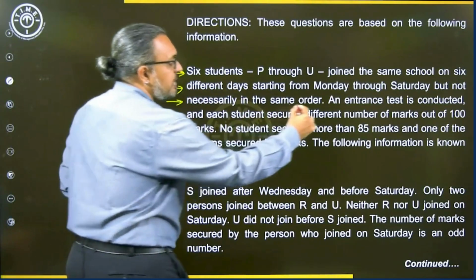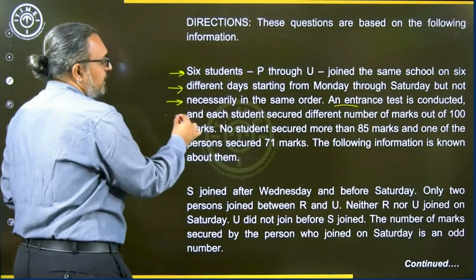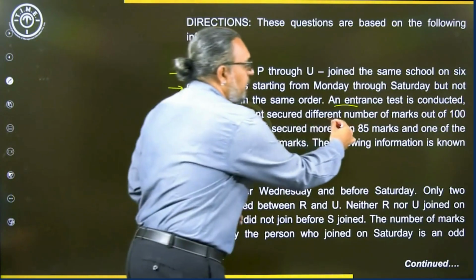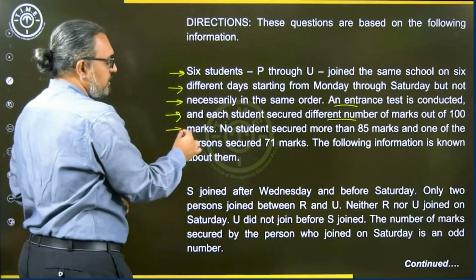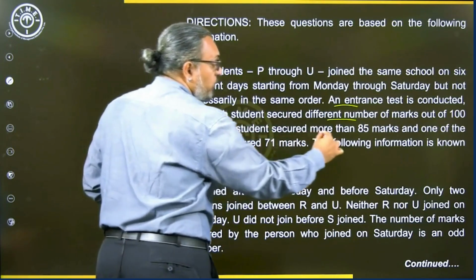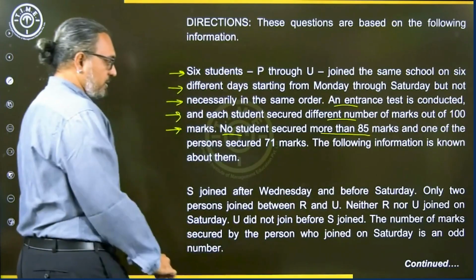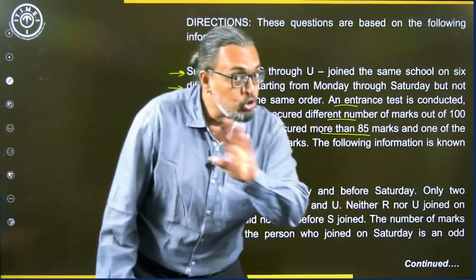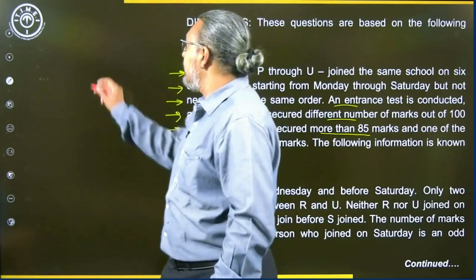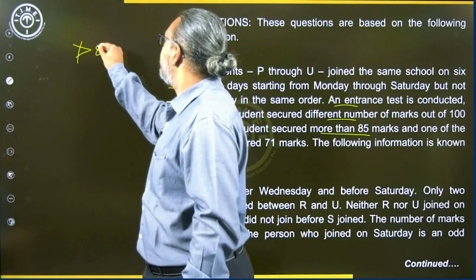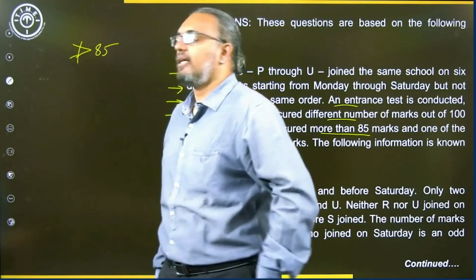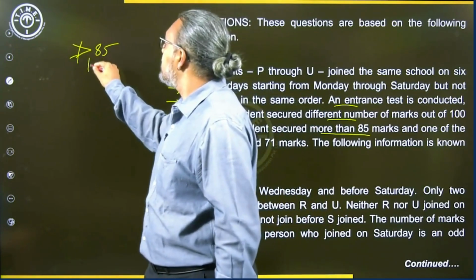He also says an entrance test is conducted and each student secured a different number of marks out of 100. And he says no student secured more than 85 marks. So no student has secured more than 85 means not more than 85. That is how you have to understand. Not more than 85 means what?